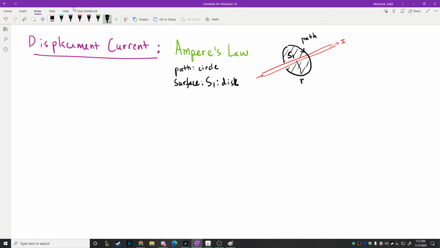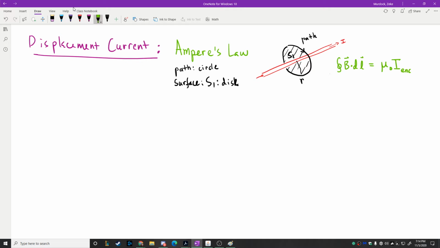All right, so we've got our path, we've got our surface, and what Ampere's law tells us is that if we evaluate the integral of B dot dl around this path, it is equal to the magnetic constant mu naught multiplied by the current that is enclosed. Enclosed is often the wrong way to say this, but I don't know how else to say it. It's equal to the current that flows through the path, basically.